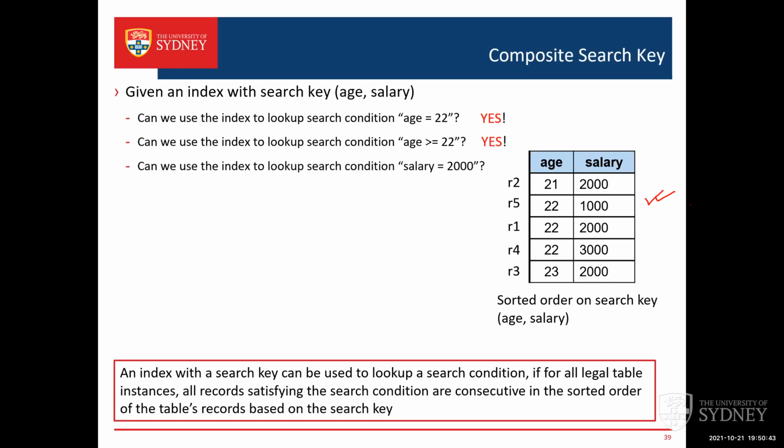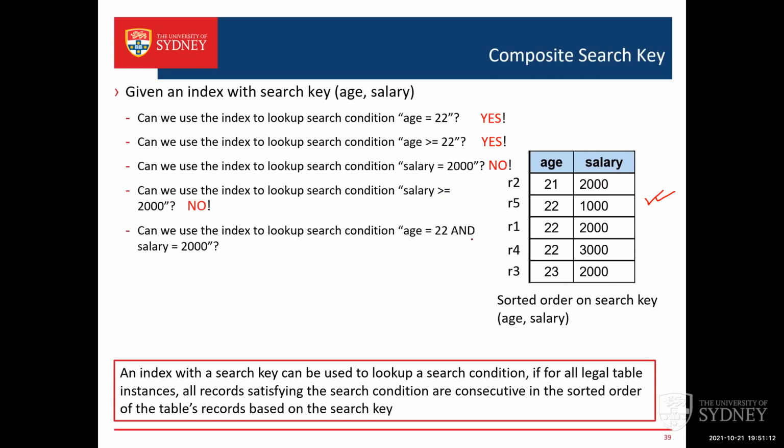Excellent. What about this one? Can I use this index to answer this query where salary is equal to 2000? No. Now you understand why not. The condition is only saying salary equal to 2000, but the data is not sorted based on salary. So no. Salary greater than or equal to 2000?